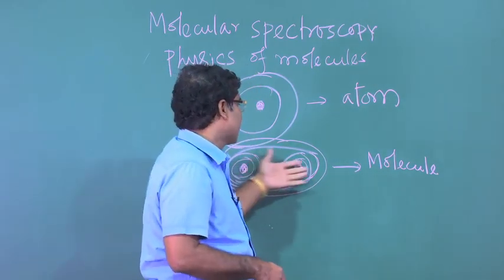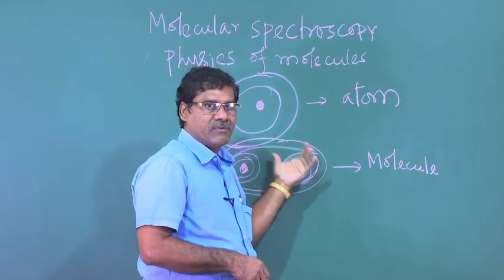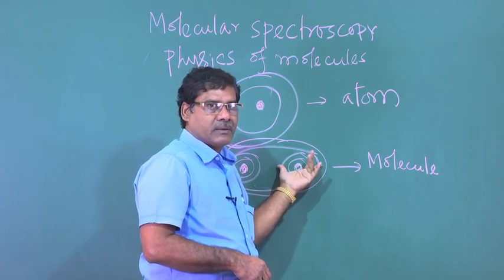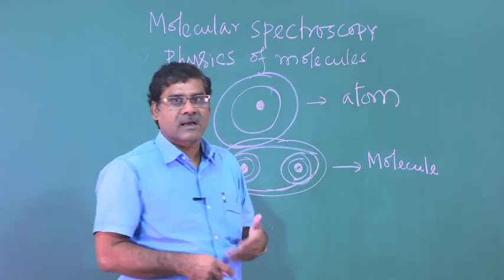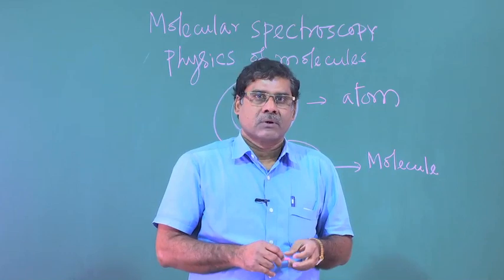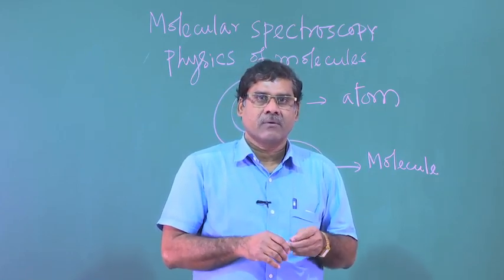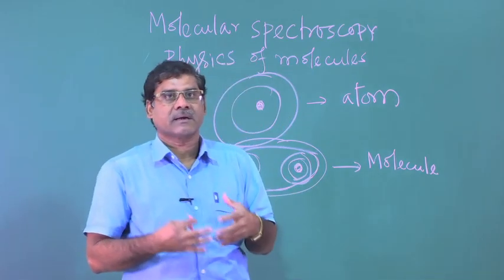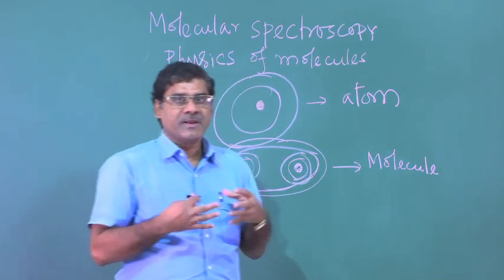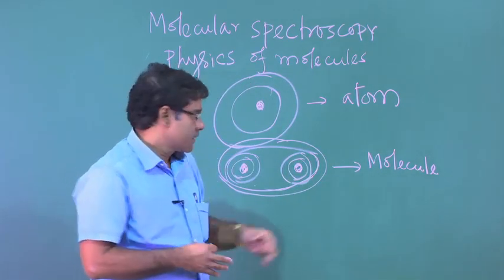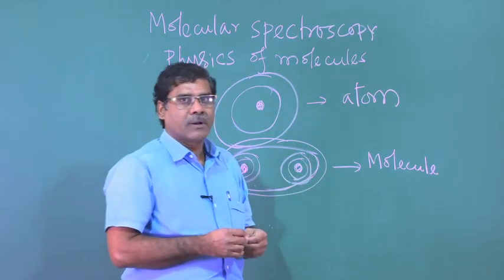And for more than one nucleus, okay, then it is the structure of molecules. So, we want to study the structure of molecules, means how the system of electrons is bound or arranged with more than one nucleus, right.